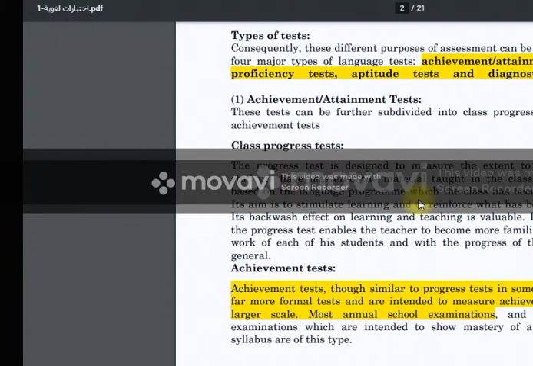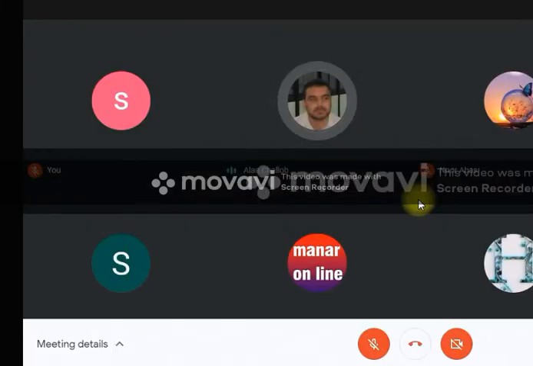What are the aspects to be assessed in the proficiency test? Language skills in general, the language skills and areas. Yes.